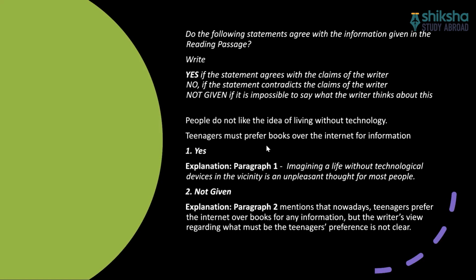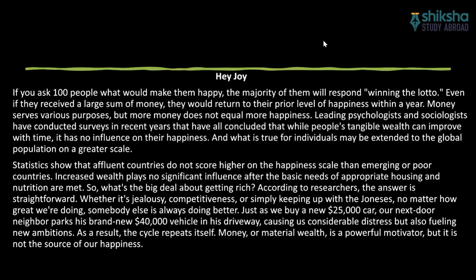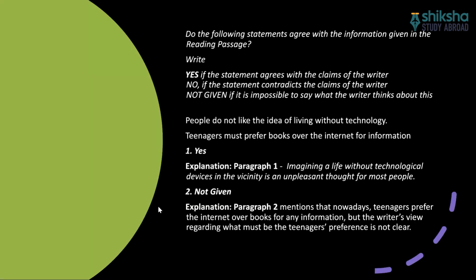So you can see here, this sentence is not given in this paragraph, paragraph 2. If we read it quickly, in detail, this kind of sentence is not present here. Hence, the answer is not given. They have talked about teenagers' preference for the internet over books for any information, but the writer's view regarding this is not present. Hence, the answer is not given.